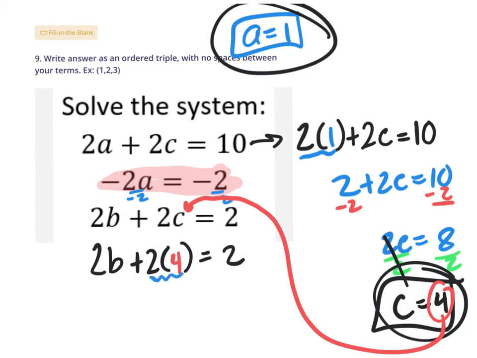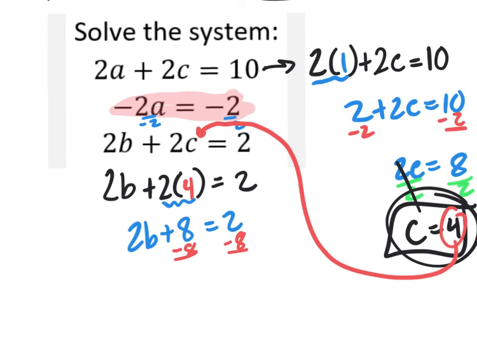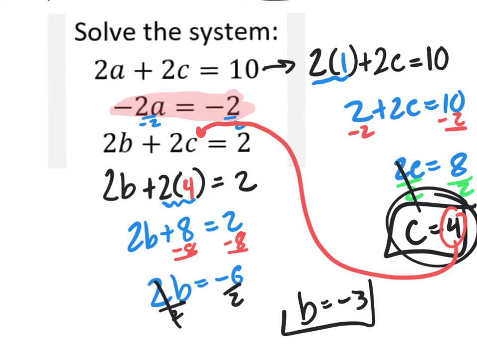So 2 times 4 is 8. I have 2b plus 8 equals 2. I'm going to subtract 8, giving us 2b equals negative 6. Final step, divide by 2, giving us b equals negative 3.